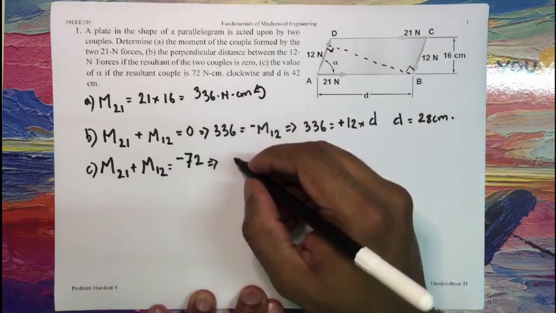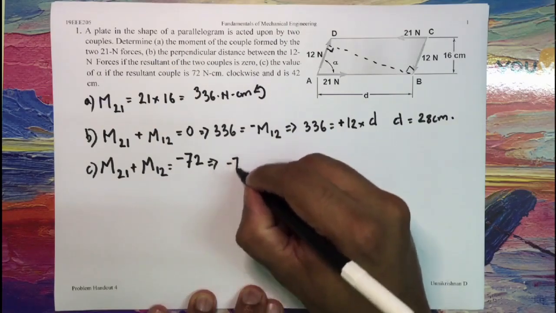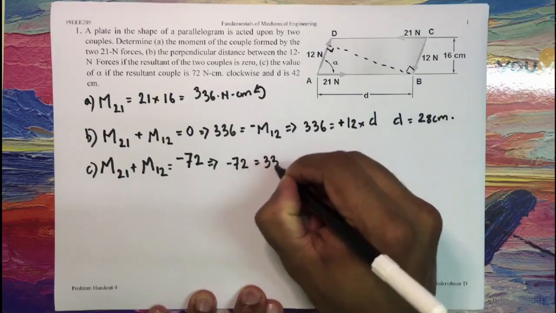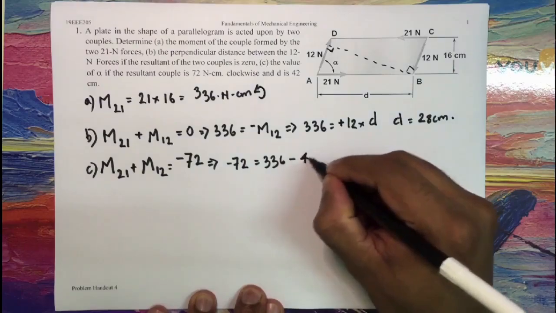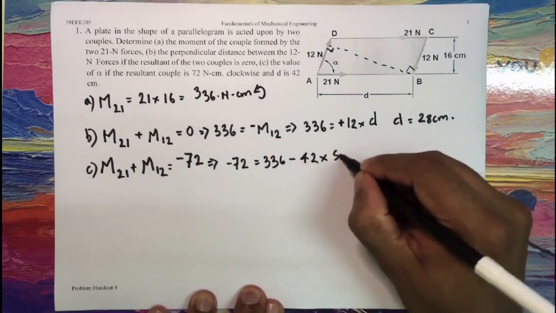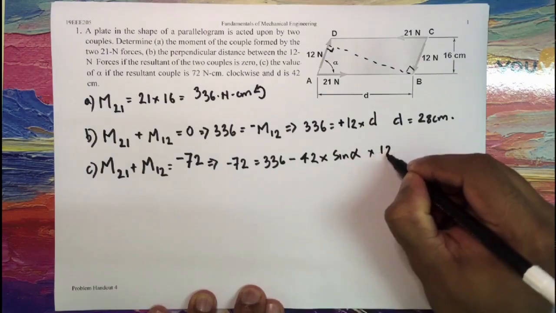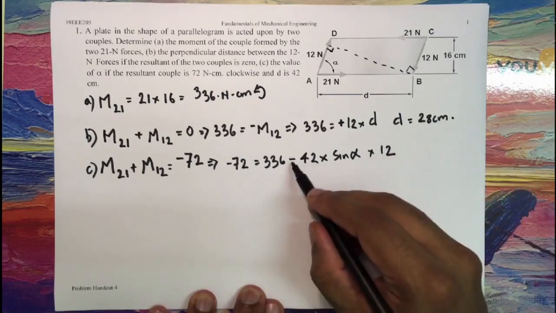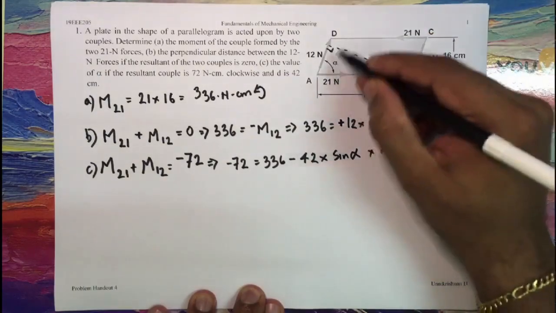So what I can write is that minus 72 is equal to 336 minus the distance 42 into sine alpha into 12. Now we must always consider this negative sign comes in because the 12 Newton is creating a clockwise moment.